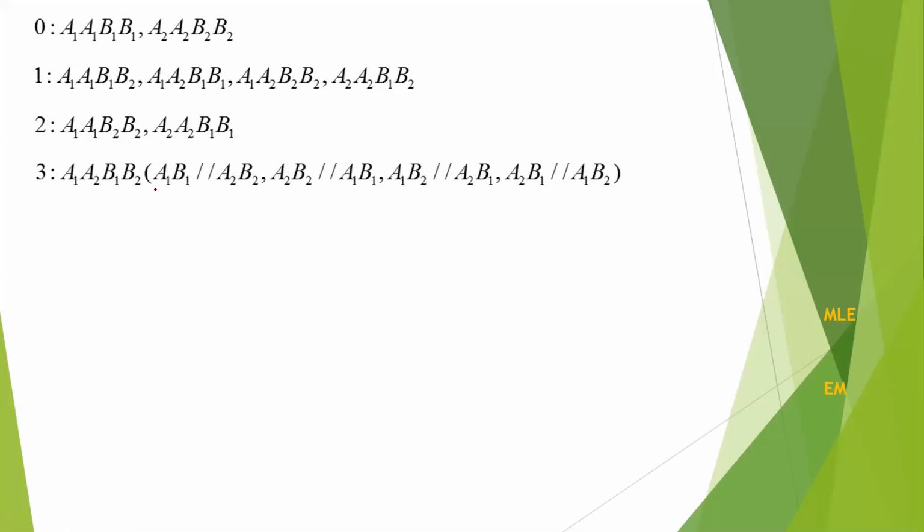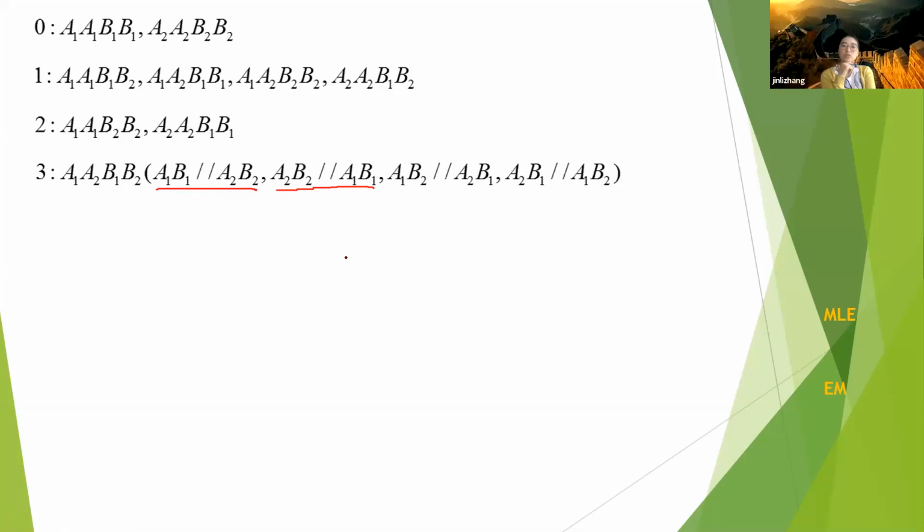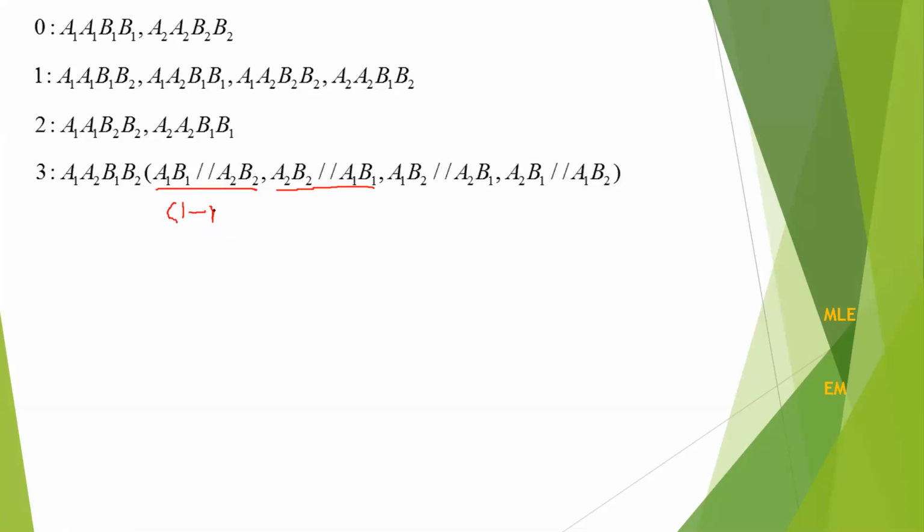Why? Look at here. So what are these 2 subcategories? From the genotype, what can you tell about these two subcategories in this ninth category? These two represent the parental type, right? Do you see any crossing over? No. So those are the parental type. Parental type means 1 minus R times another 1 minus R, right?